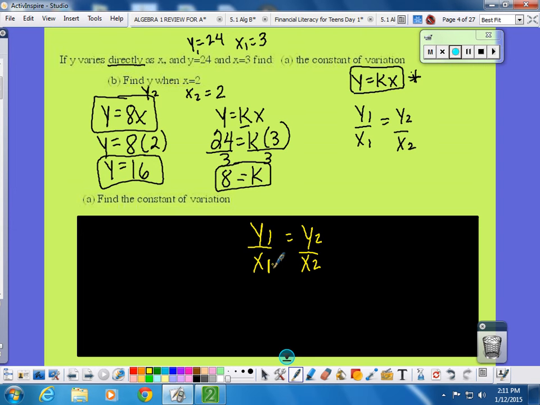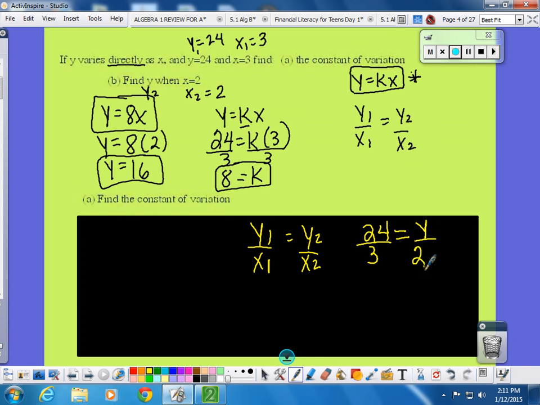The order it comes in the problem. So the first y is 24, so I'll put it right here. The first x is 3, so I'll put it in the place of the first x. One of these two is going to be missing, one of these two I'm going to be finding, and it is the second y. The second x is 2.